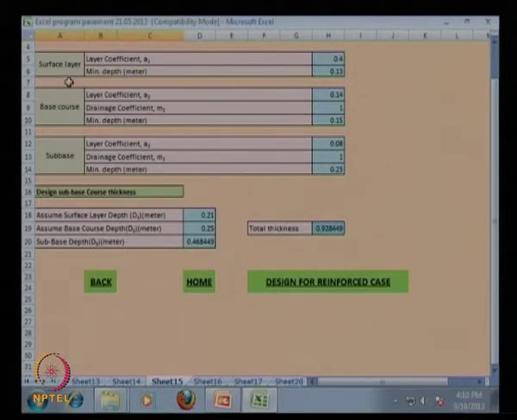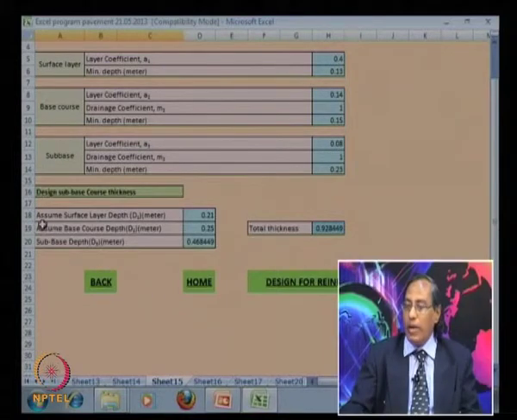For design, for the surface layer course you have taken A1, and then the base course and the subbase course. You assume the surface layer depth D1 is equal to 0.21, the base course D2 is 0.25, and the subbase course D3 is equal to 0.468449. So the total thickness you can also obtain as 0.9284 meter.